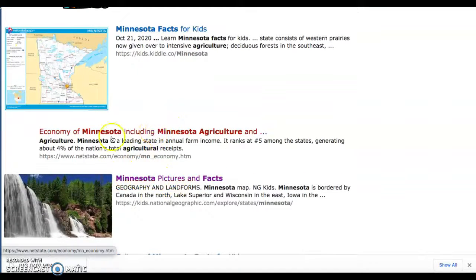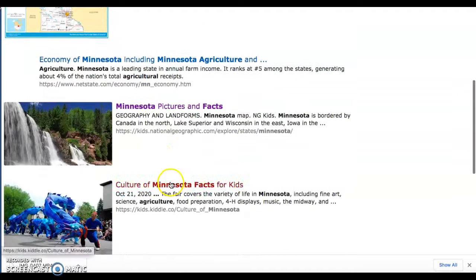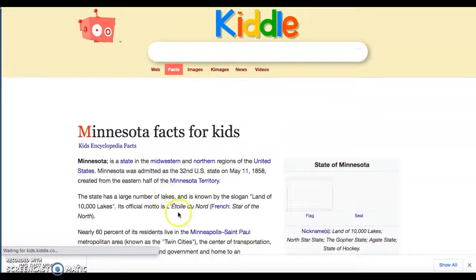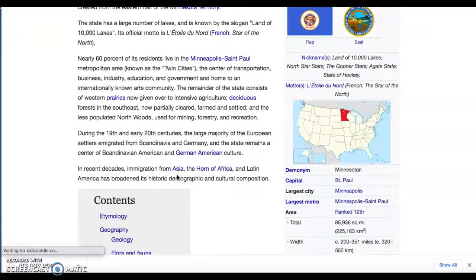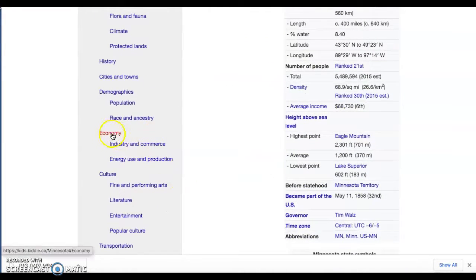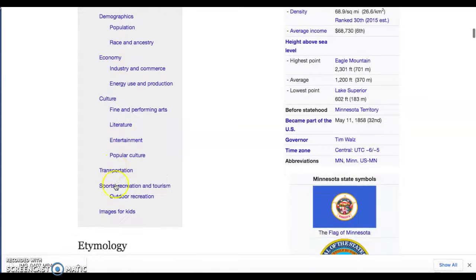So here's the economy. If you go into Minnesota Fun Facts, you might be able to find out economy, so industry.